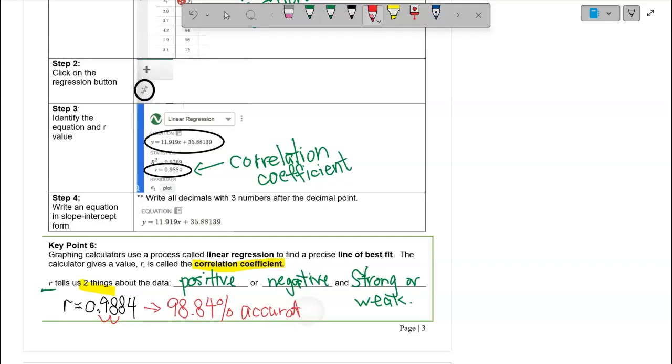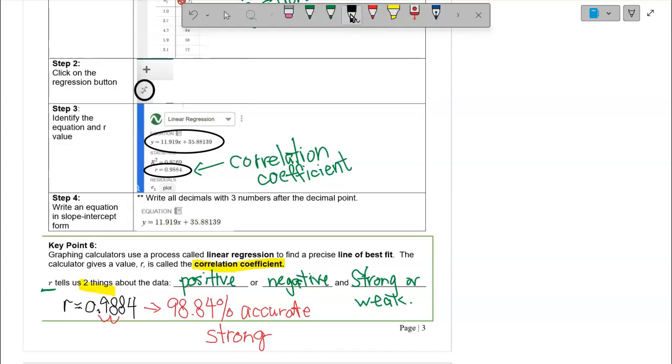Well, it's like a test. If you make a 98.88% on a test, that's a really strong grade. That's how I know that this is strong. The points that I gave you have a very strong positive or negative coefficient. If you look at that number, that correlation number is a positive number.